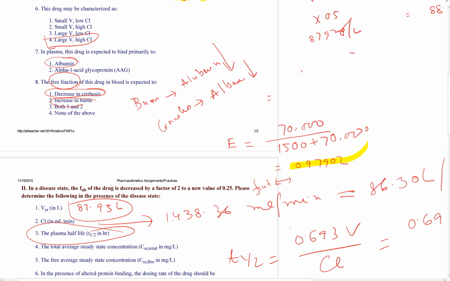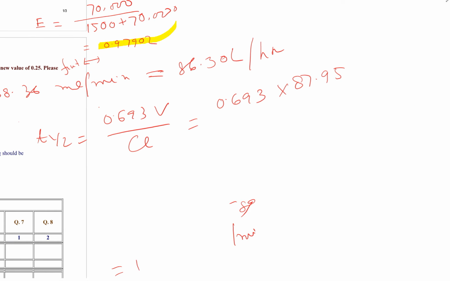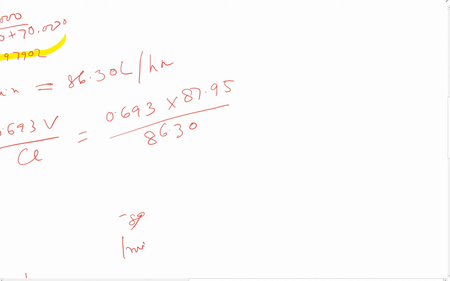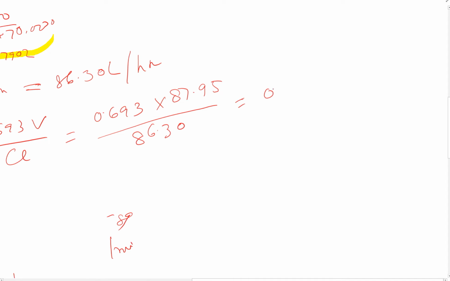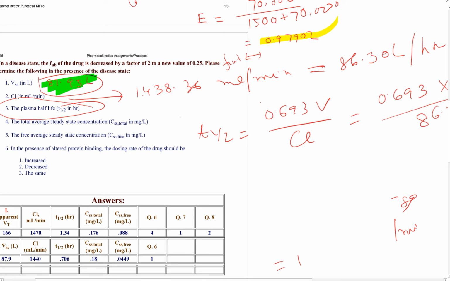This is the new V, 87.95 liter. Our new V we have to use here: 87.95 divided by 86.30 is 0.7062 hour. So this is our new half-life. See, this half-life has also changed. Our new half-life is 0.7062 hours.